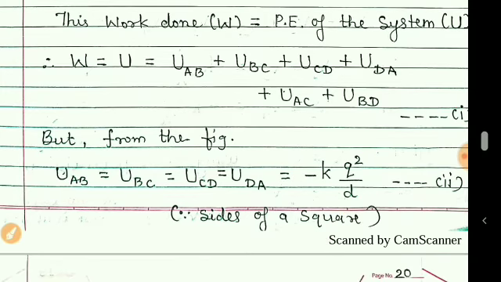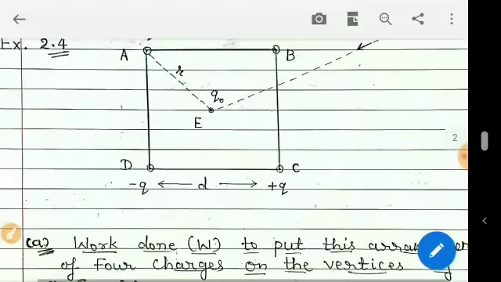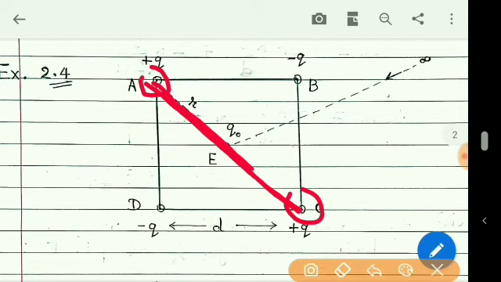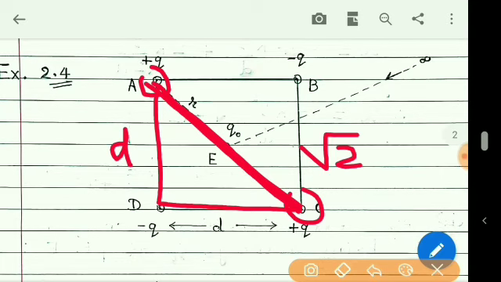Now for diagonals, you can see for these charges along the diagonal, both are positive, and the distance between these two charged particles can be obtained using Pythagoras theorem. Because this distance is D, even this is D, then this distance will be root 2 D by using Pythagoras theorem.